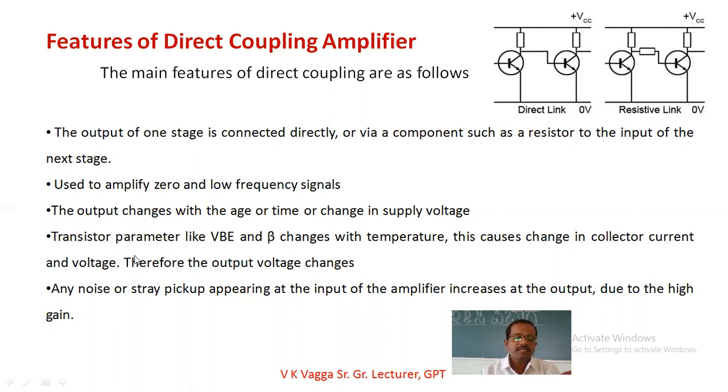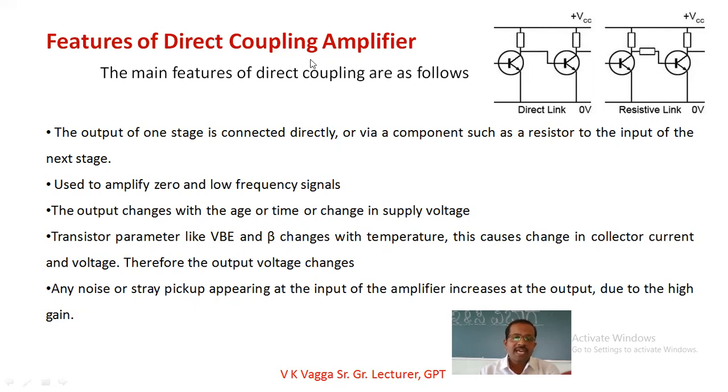The transistor parameters VBE and beta change with temperature, which causes a change in the collector current and voltage, and therefore the output changes. It was explained in the second class which parameters affect the stability: ICO, VBE, and beta.